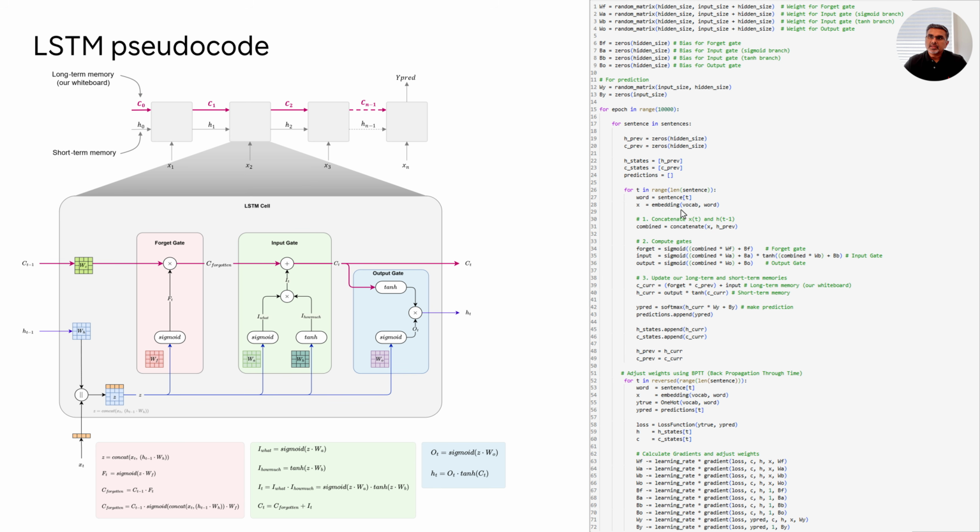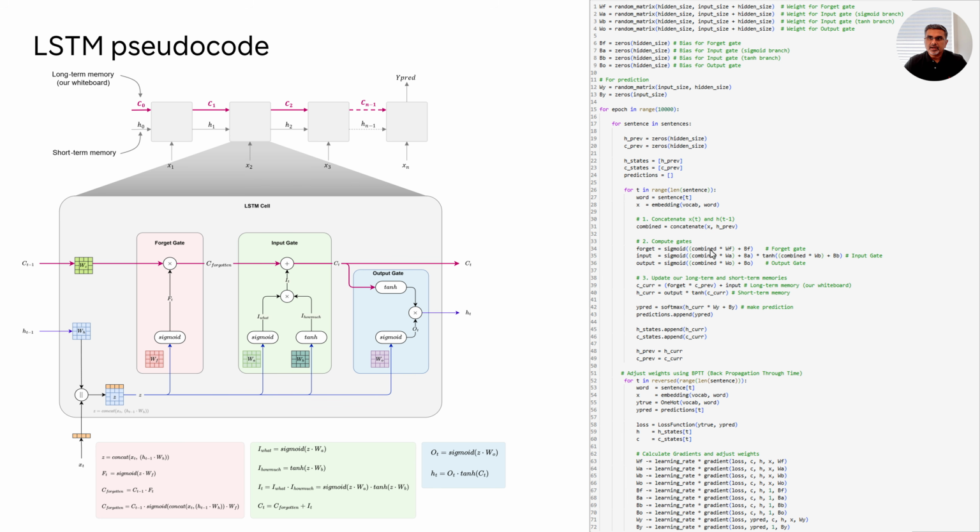Then I have to concatenate that with the previous short-term memory. So it's basically array concatenation of the current word embedding and the short-term memory. That is what I need to pass through each of the gates. How do I pass that through the forget gate?